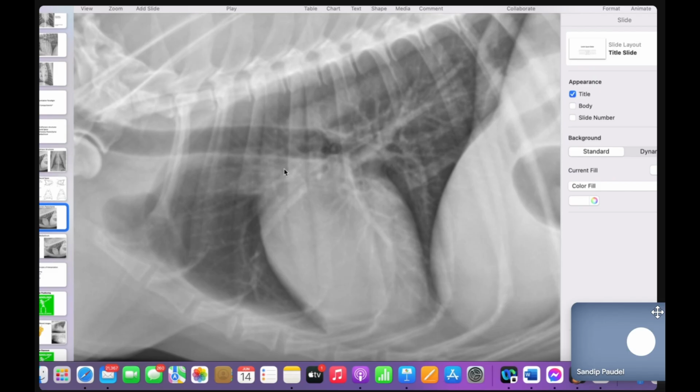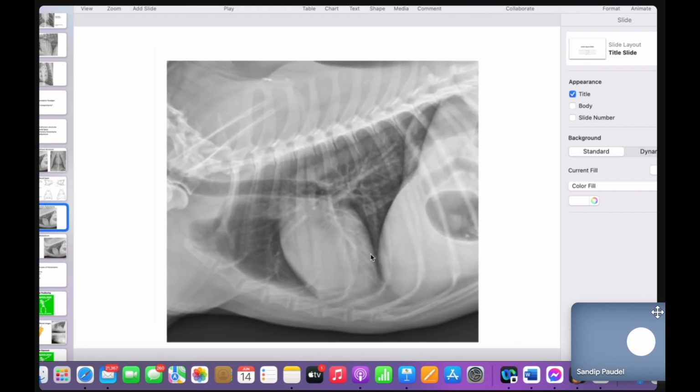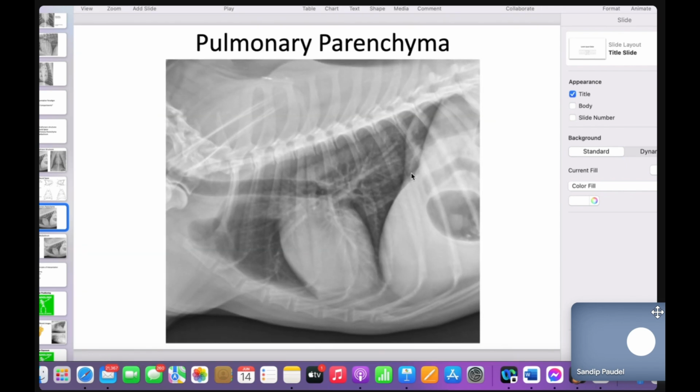Right up here, this is one supply, another supply. Overall, the pulmonary parenchyma is all the lung tissue that we see here, and other than that, there is the vessel supply. There is a heart sitting right at the middle. In this regard, we really need to see everything in detail.